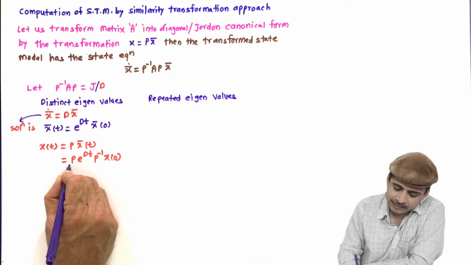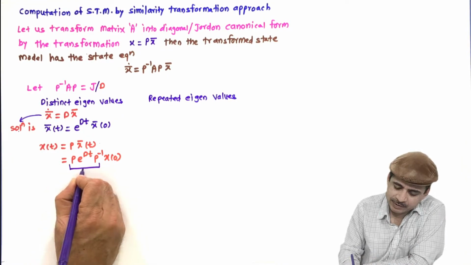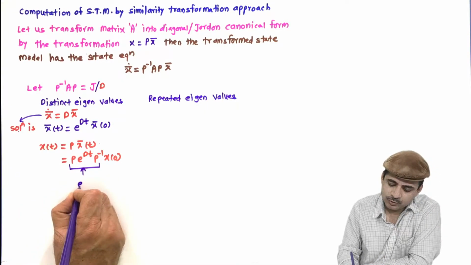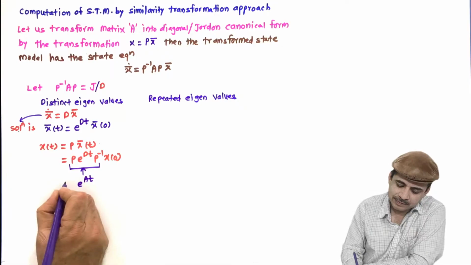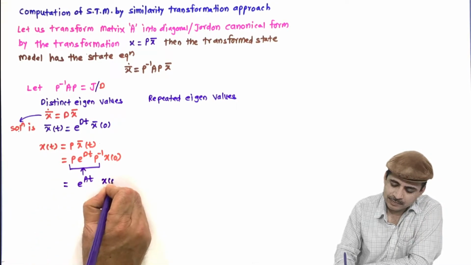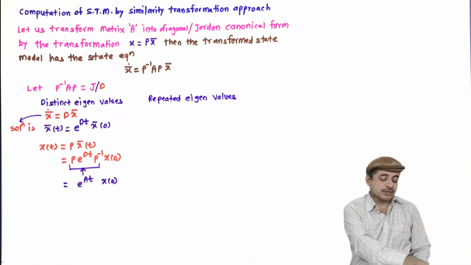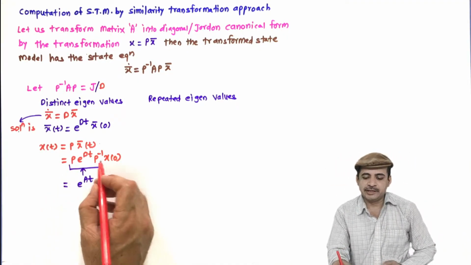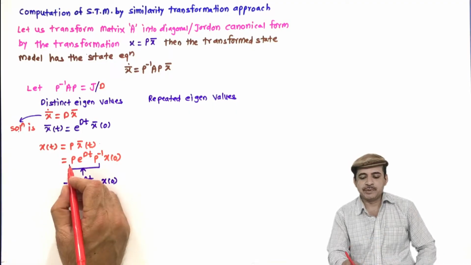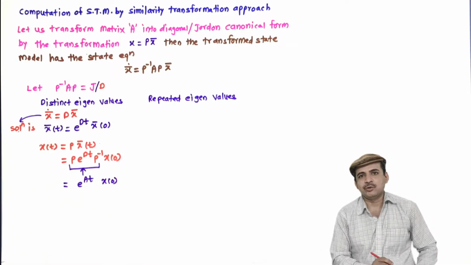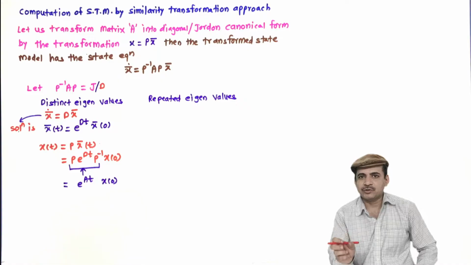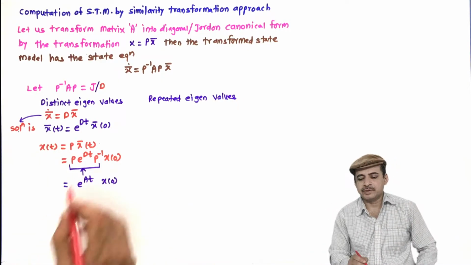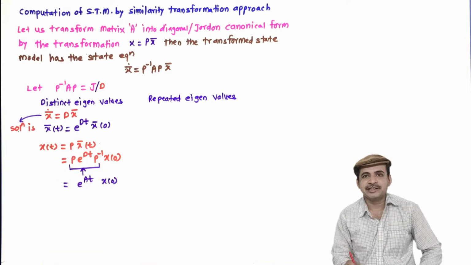This specific matrix is equal to e raised to At. So e raised to At can be calculated as P into e raised to Dt into P inverse. What is P? P is the modal matrix. How to obtain it? Determine eigenvalues, then eigenvectors. Eigenvectors will be the columns of this P. Then find out P inverse. Now what is e raised to Dt?